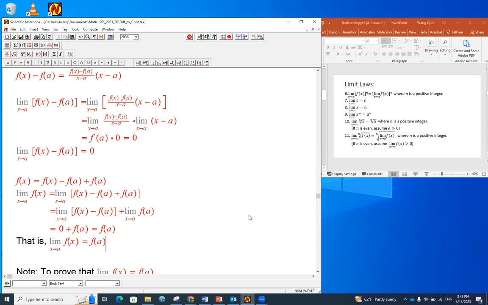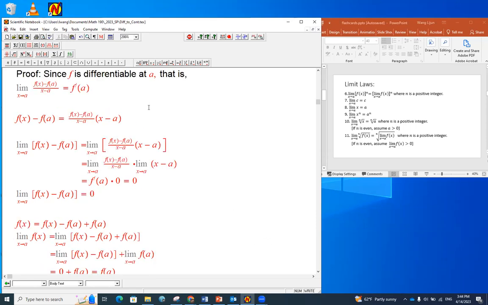Okay, if you look back at this proof, what is being used? We use the definition of what it means for f to be differentiable. So we apply the definition and the two constructions, what we did in the construction of these two. The first one is principle number one: anything times one stays the same.